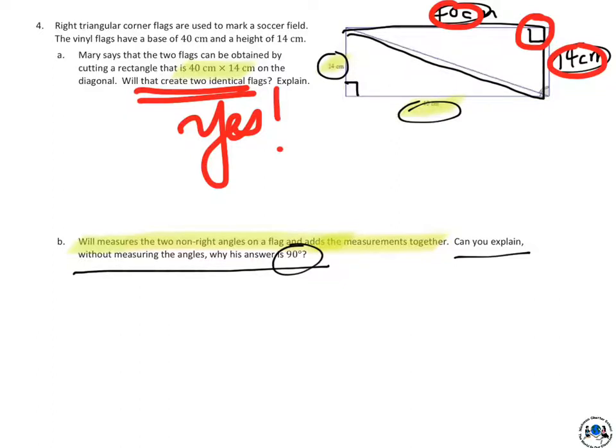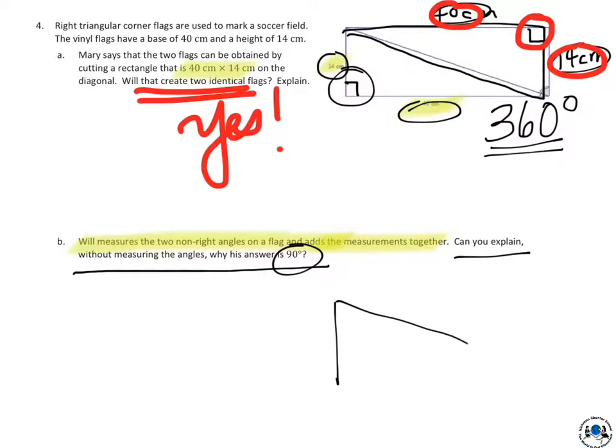As you see, in our whole rectangle up here, we know that each angle is 90 degrees, therefore we have 360 degrees total. Now look at the non-right angles here. So if we take this and this, here's our flag, here's our 90 degrees here.